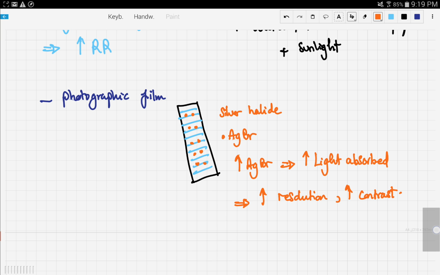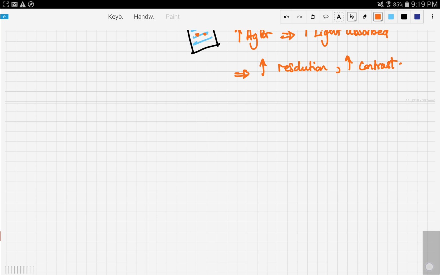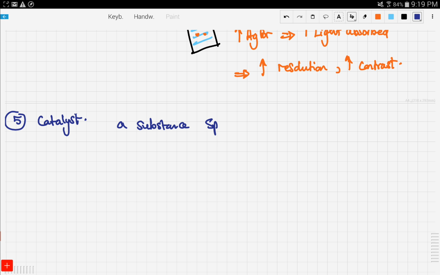Okay, so let's move on to the last factor that affects reaction rates, which is the presence of a catalyst. So what is a catalyst? A catalyst is a substance that speeds up reactions, but, and you have to concentrate on this, does not get involved in the reaction.